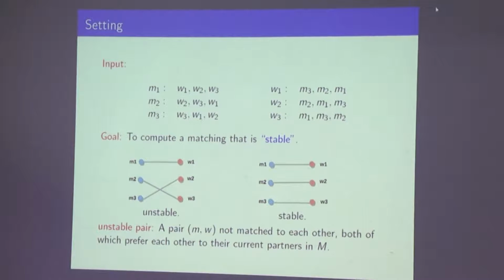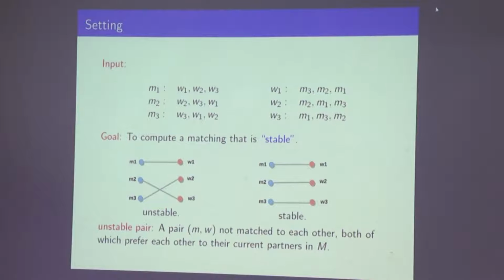How do you go about it, or what are the thoughts that you have when you are given this question? You are given a graph, which is a bipartite graph. You are given the preference list in some particular format. You can assume that everybody has an array telling you the numbers for each woman, which can be conveniently represented. You are asked, give me a matching which is stable.